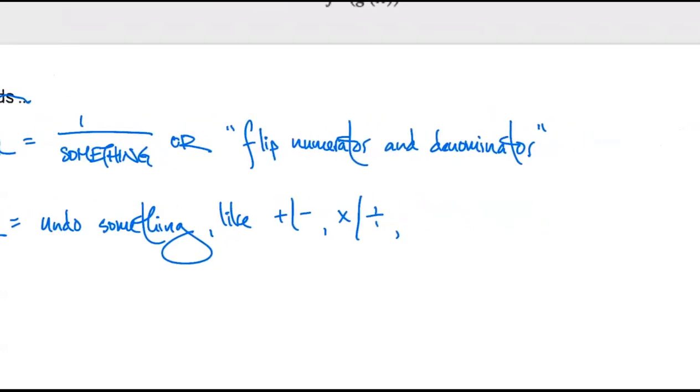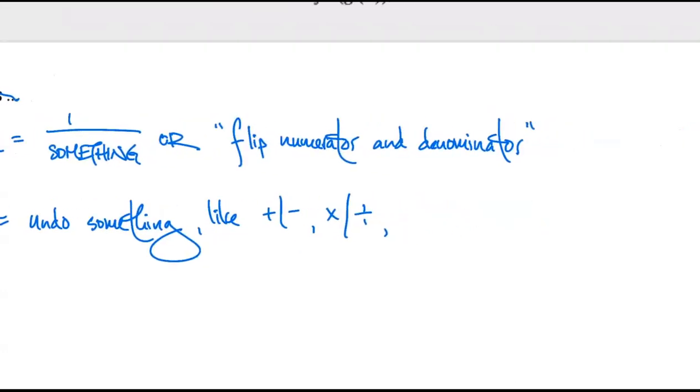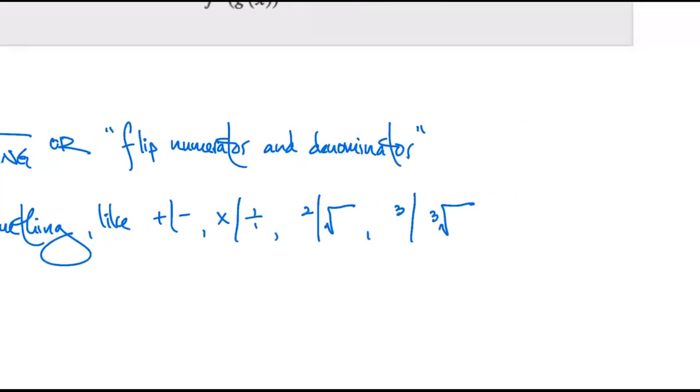Division, okay. The inverse of a square. Square root. All right, what about the inverse of a cube? Yeah, cube root. What about the inverse of sine?